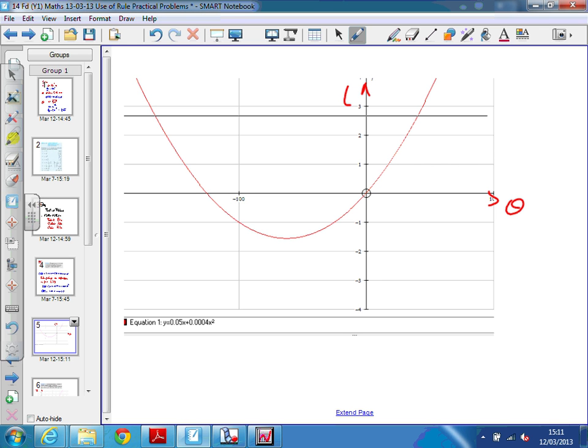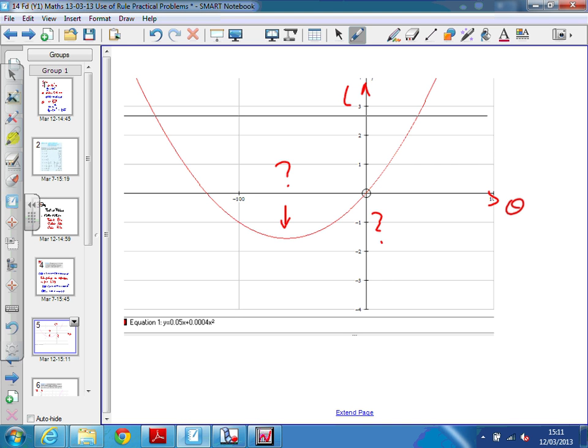Notice for positive temperatures, the length is just increasing. Now the model is implying that for negative temperatures, something weird happens around here. It looks like it goes to a minimum value, for the length goes negative, okay?